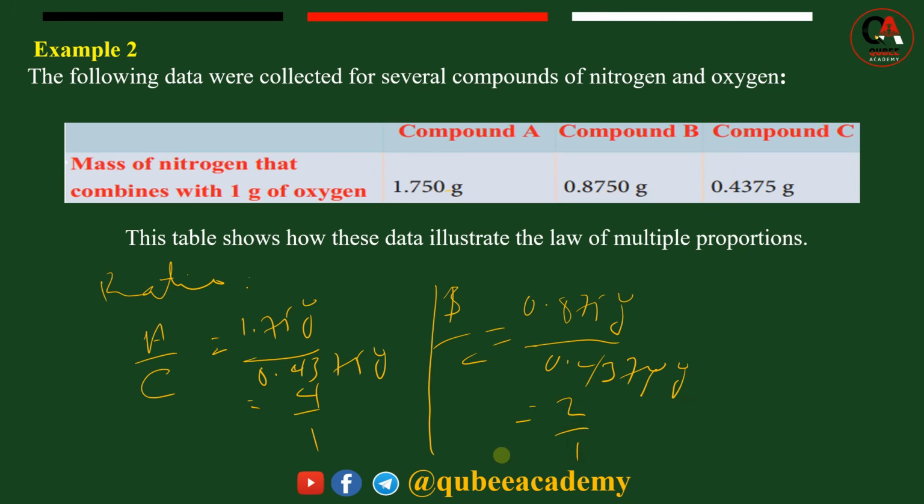This again indicates that the amount of nitrogen in compound B is 2 times the amount of nitrogen in compound C. It means that two different atoms can combine in different ratios to produce different compounds. This is the point it shows us.